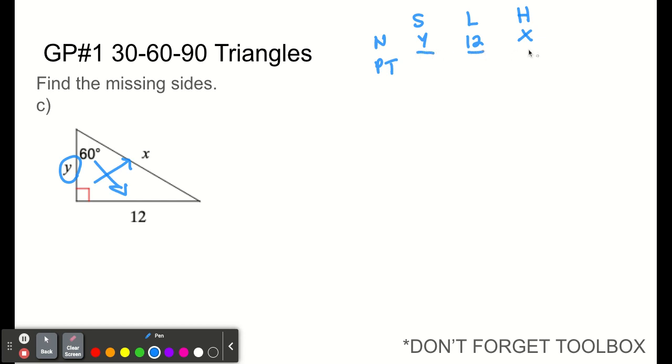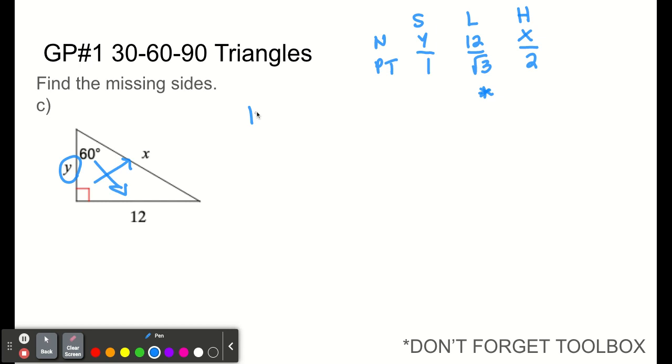From our parent triangle, the short leg is 1, hypotenuse is 2, and the long leg is radical 3. The ratio that has no variables is the long leg ratio, so we have to use that one to solve for our other two missing sides.